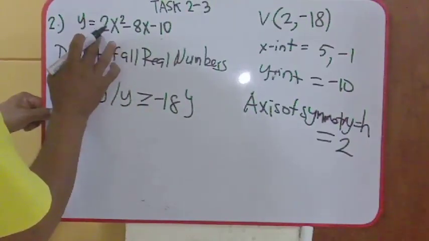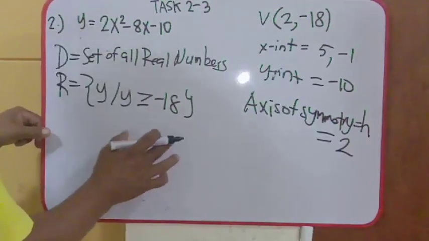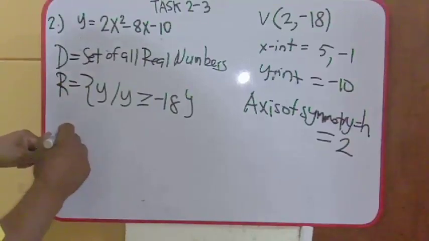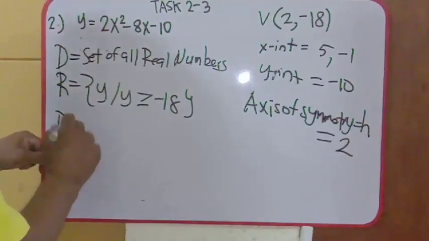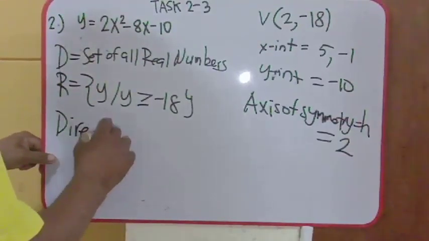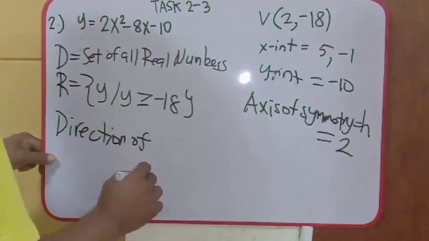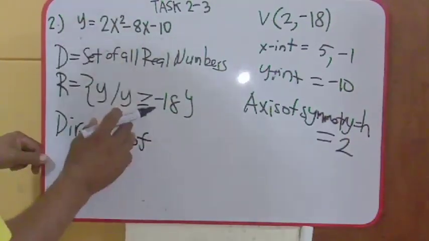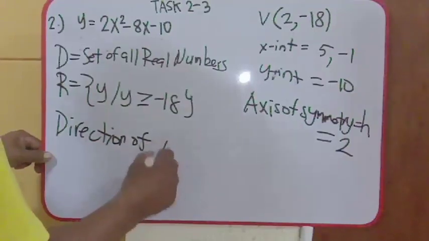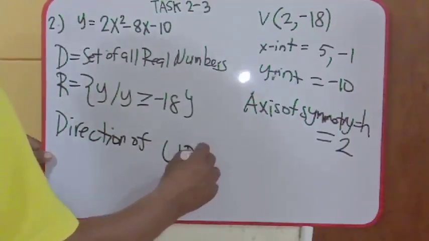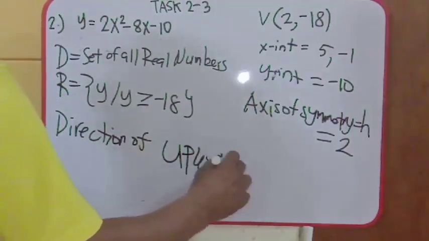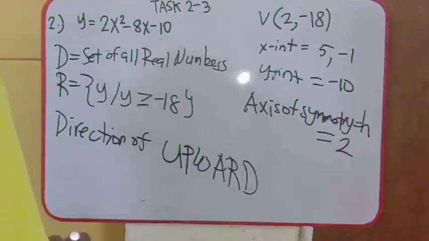Kasi A is positive. Next, and what is the direction of the graph? Direction, A is positive, it means upward. So, susunod natin ay gagraph natin ang 2x squared minus 8x minus 10.